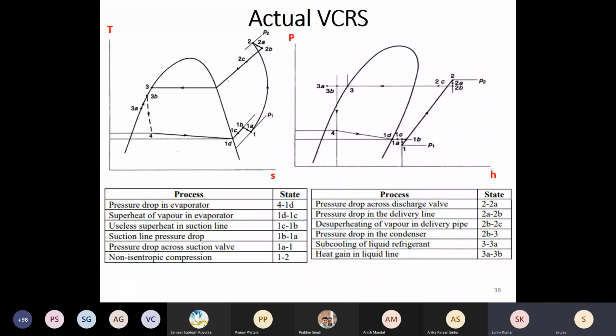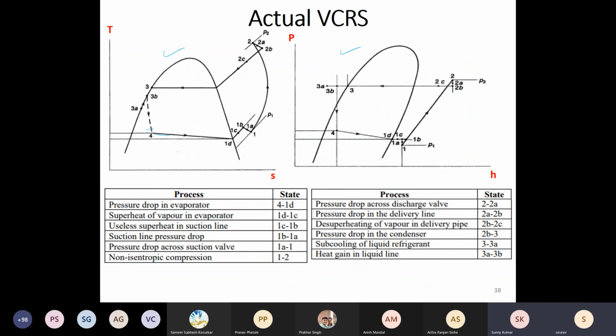So these are just the cycles. These are all qualitative cycles. They are not to be quantified. So this is how probably your cycle will look when you take into account all these non-idealities which we have discussed. So your evaporator will not work in an isobaric fashion, though we assumed it to be an isobaric process. So there will be pressure drop.